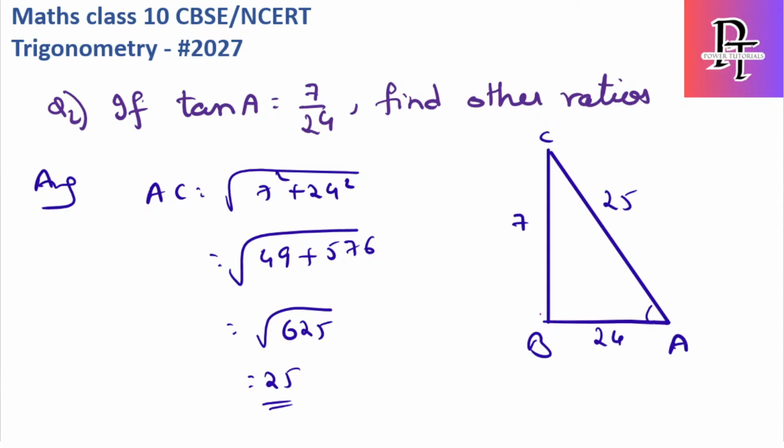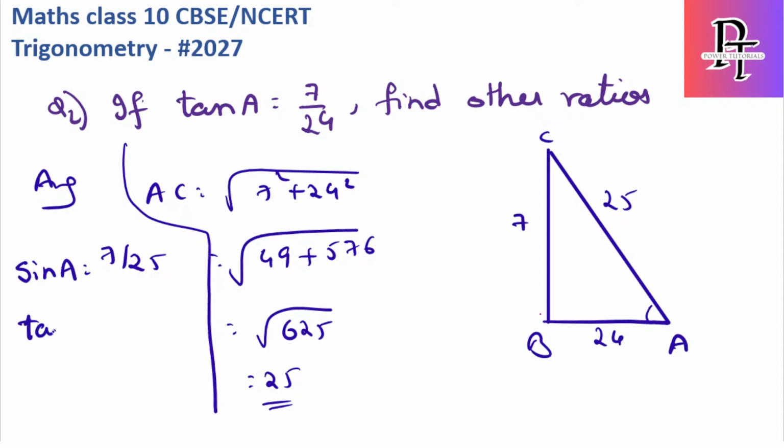Okay, so now we know these two sides, so all other ratios you can simply find out. I'll write it here. Sin A is opposite by hypotenuse, so 7 by 25. Cos A is adjacent by hypotenuse, adjacent is 24, hypotenuse is 25.